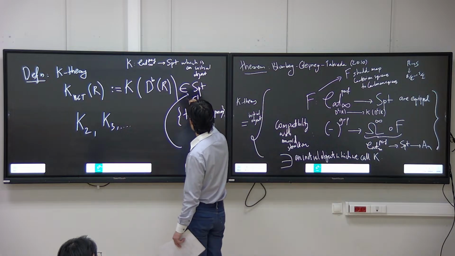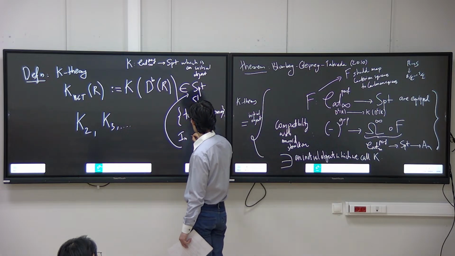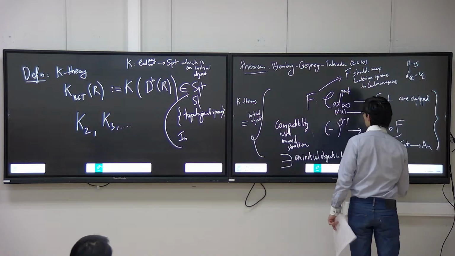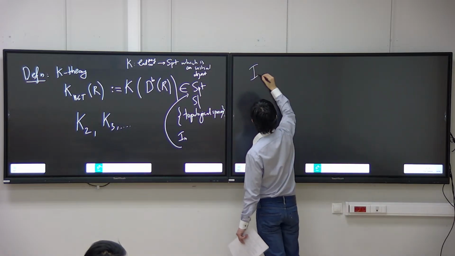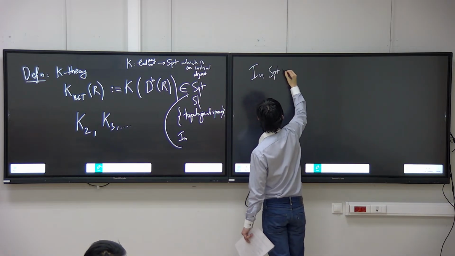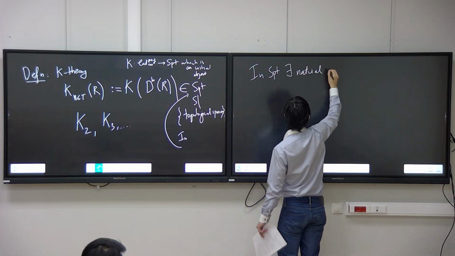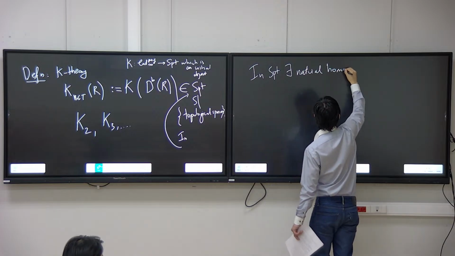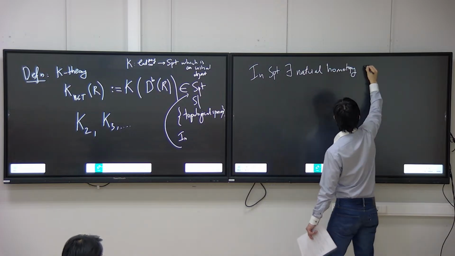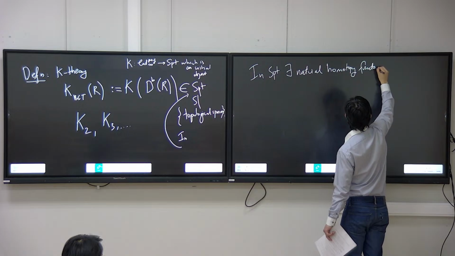So in spectra, let me write it here. In spectra, there exists a natural homotopy functor, pi n.